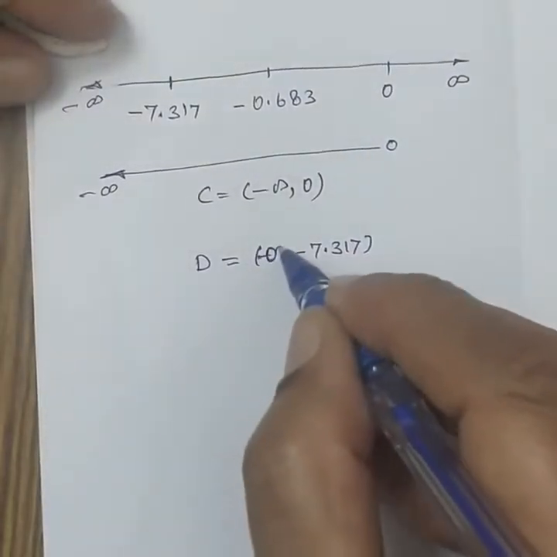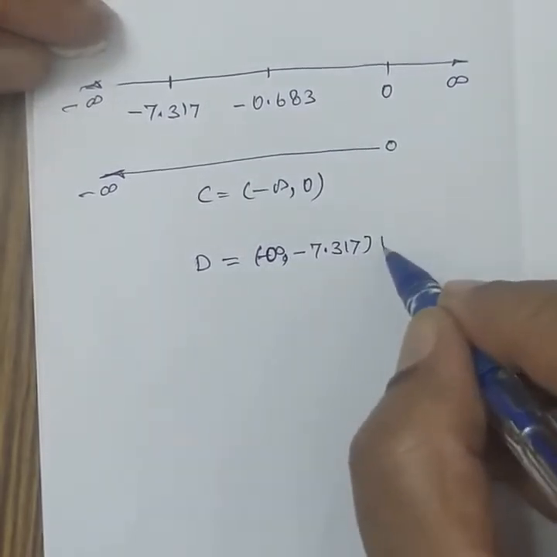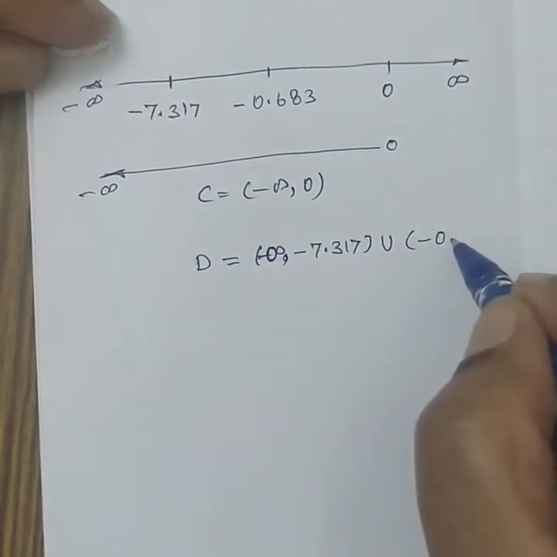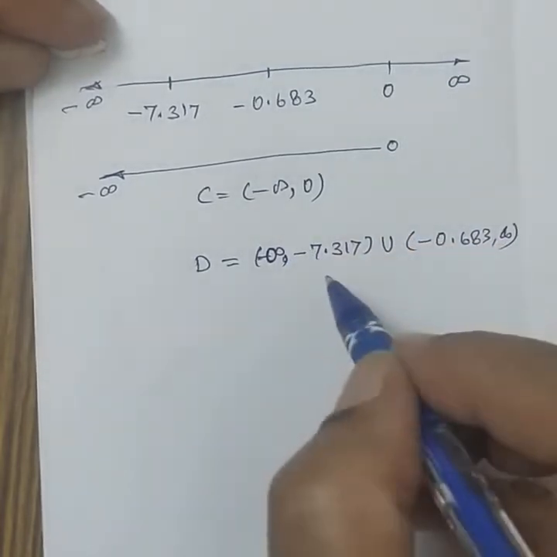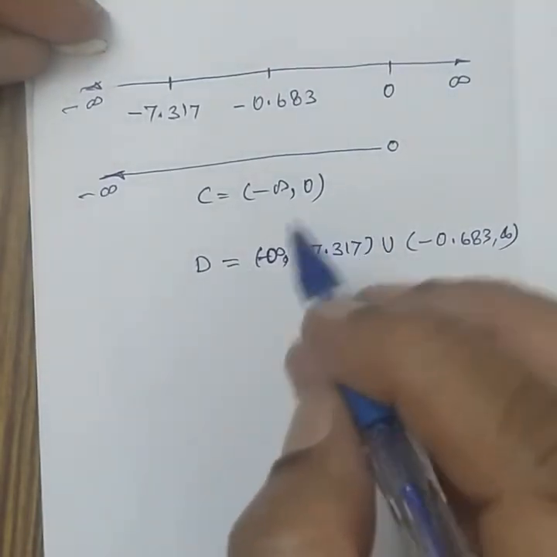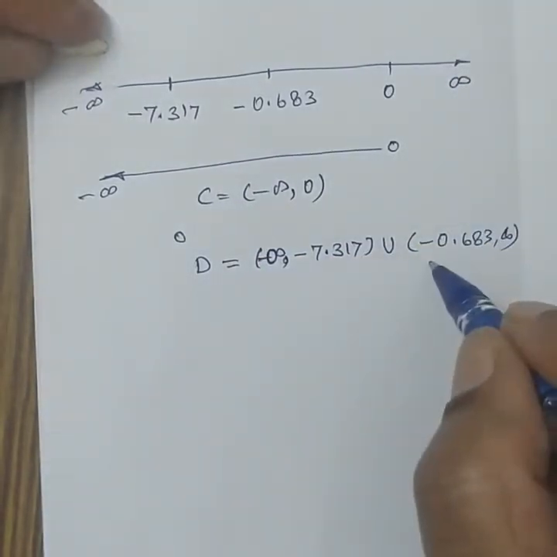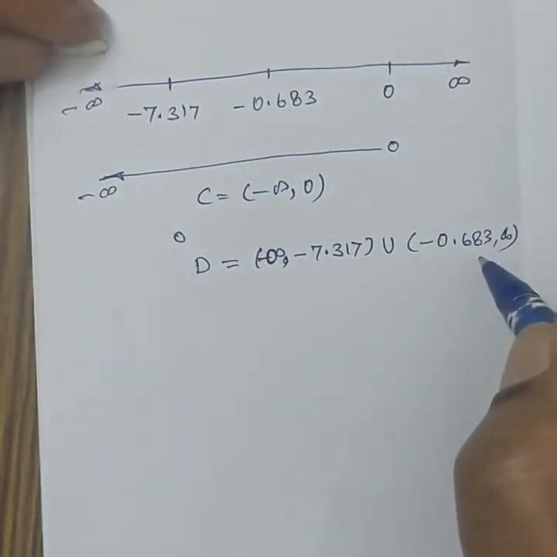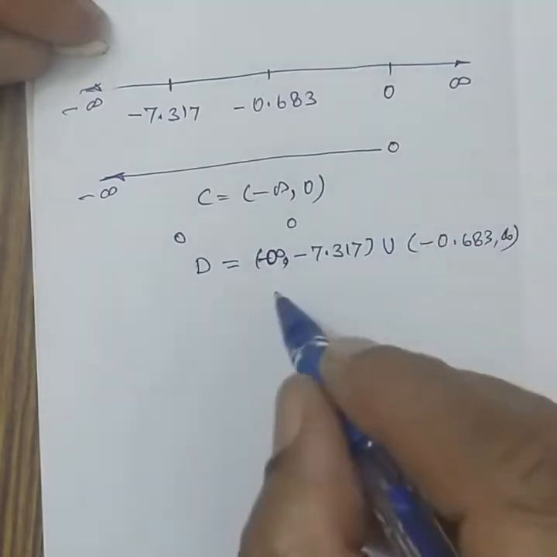Set D is minus infinity, minus 7.317 union minus 0.683 to infinity. Minus 7.317 is not an element of set D, hence a donut is shown. Minus 0.683 is not an element of set D, hence a donut is shown.